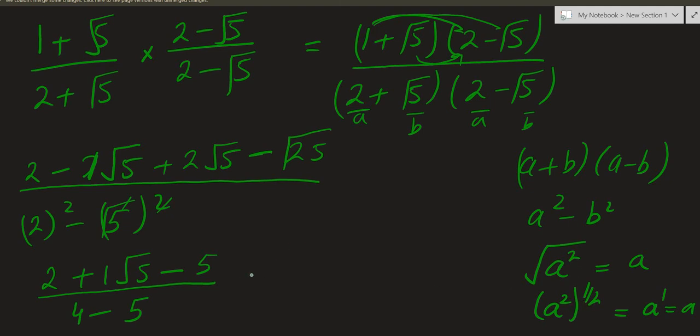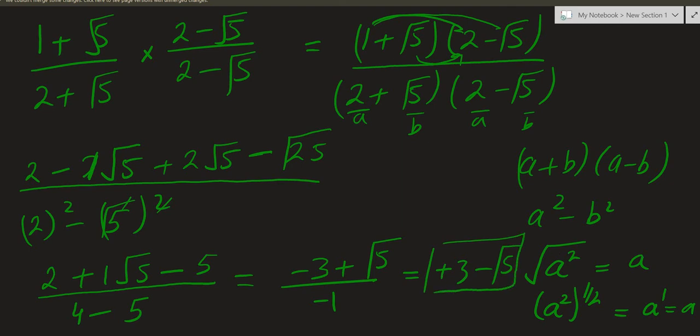So okay, now 2 minus 5 is going to be minus 3 plus root 5, and 4 minus 5 is going to be minus 1. So minus 1 I'm going to bring at the top. When I bring it to the top, this minus becomes plus. It's going to be plus 3. This plus becomes minus, and this is the answer, guys.